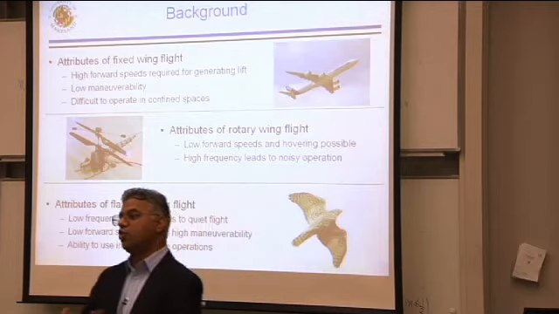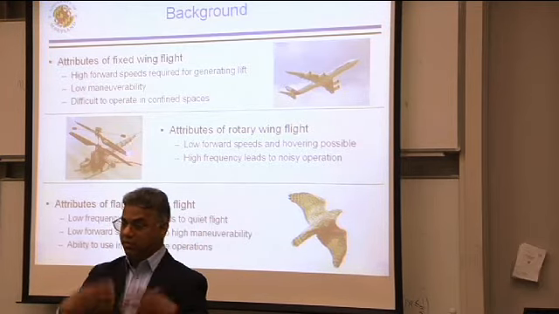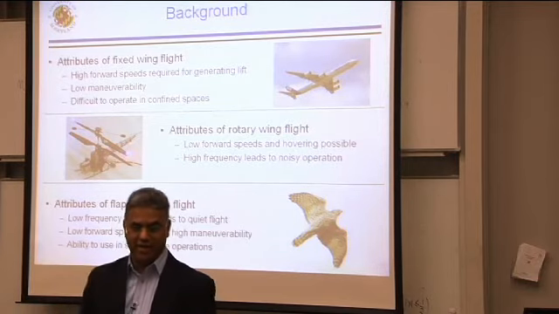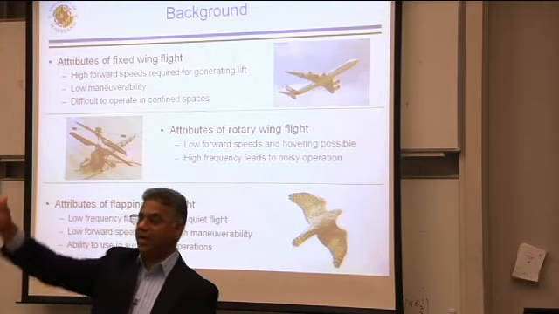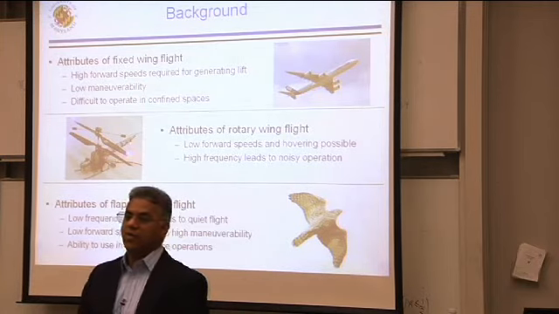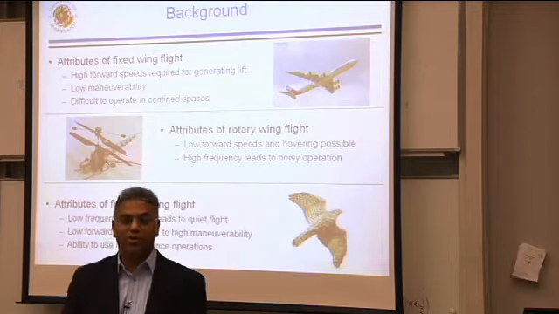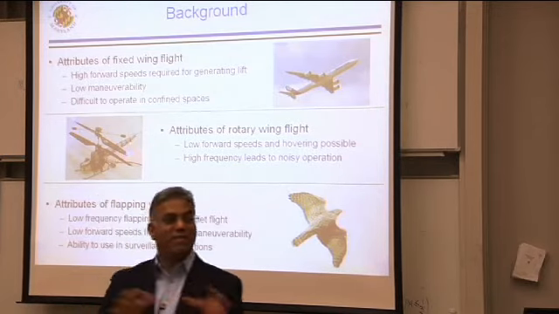However, there's no good way to suppress the sound made by these helicopters, because the blades spin at very high RPM and create a signature. People would know far, far away that there's a helicopter there. So if you want stealth and maneuverability in combination, you have to look at the birds, which are very quiet and very maneuverable.